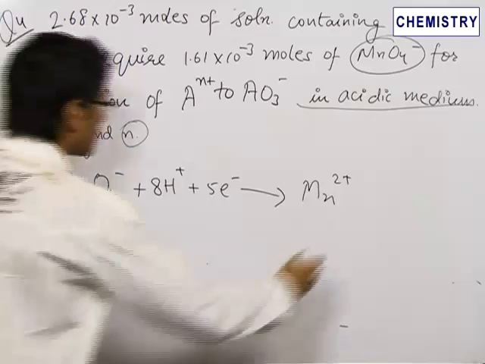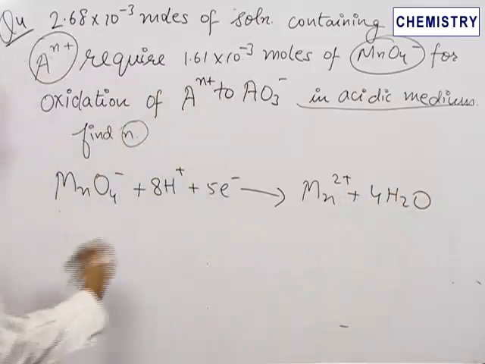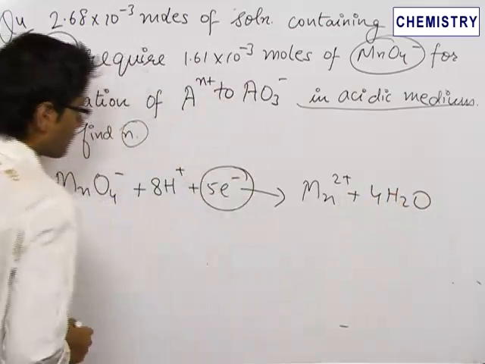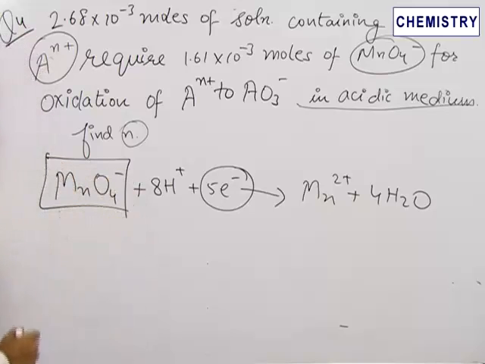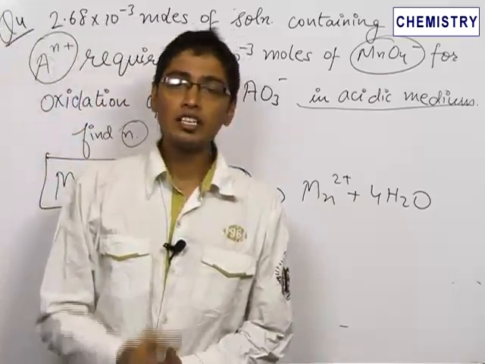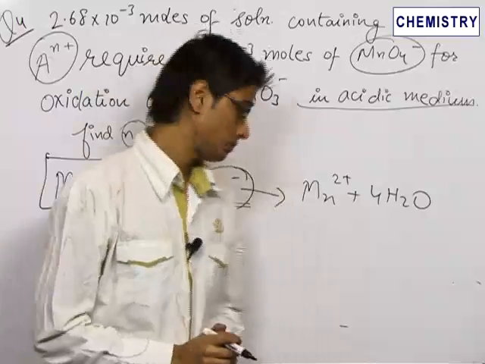For balancing the 8H plus, we can also write 4H2O. Now the number of electrons which are transferred during this reaction are 5. So the n factor for MnO4 negative is 5. By n factor we mean the number of electrons which are getting transferred during the given reaction.